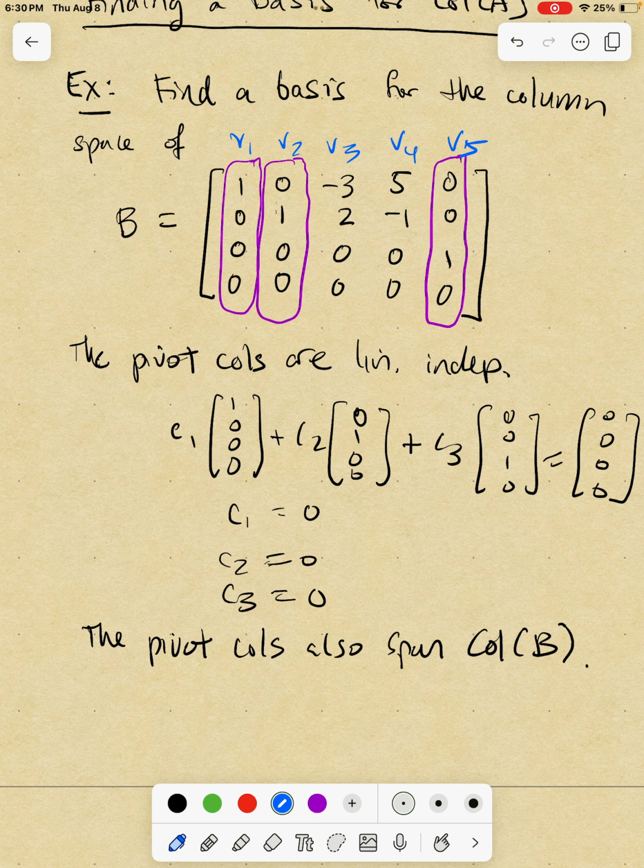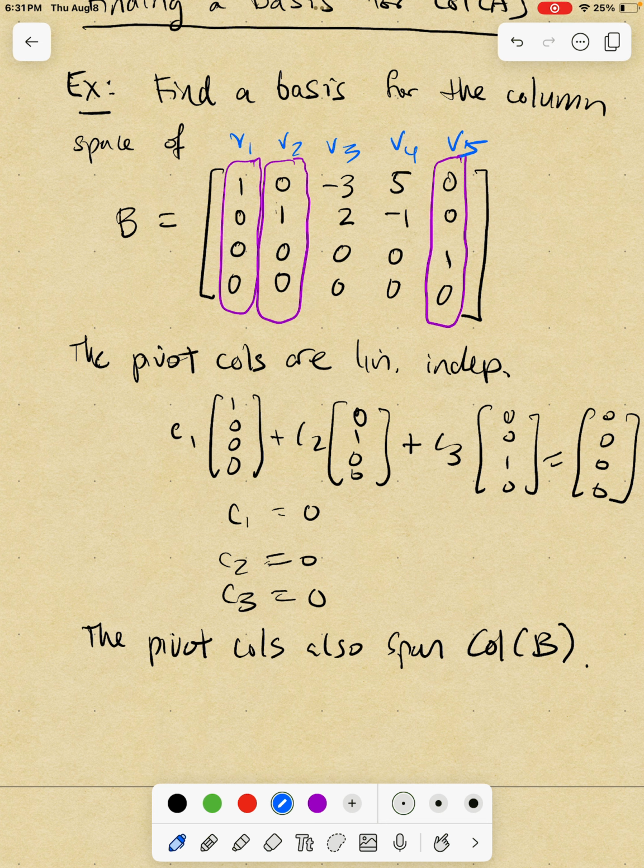If V3 is a linear combination of V1, V2, and V5, and V4 is also a linear combination of V1, V2, and V5, then V3 and V4 are in the span of V1, V2, and V5. By the general principle, any vector in the span of V1 through V5 is therefore just in the span of V1, V2, and V5.